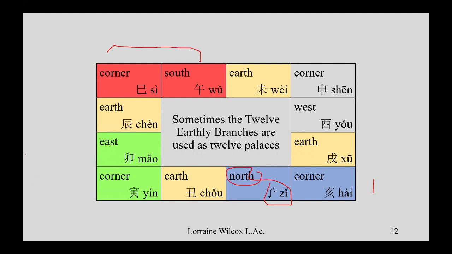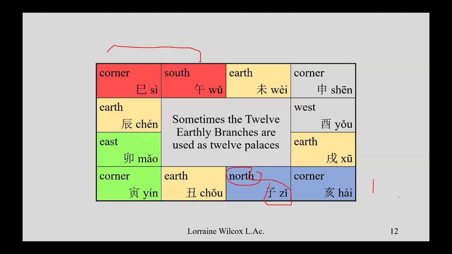And in this kind of diagram, there are other relationships that you can work out. For example, the ones that are in the 4 corners have a lot of change and movement. The 4 earth branches are said to be very stable. They can even become stuck and stubborn and so forth because they can have too much stability.